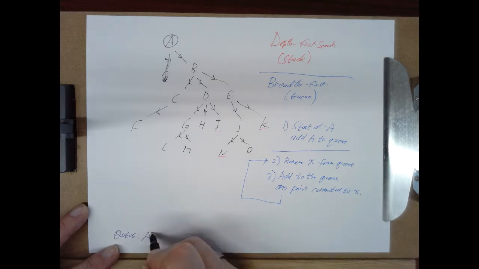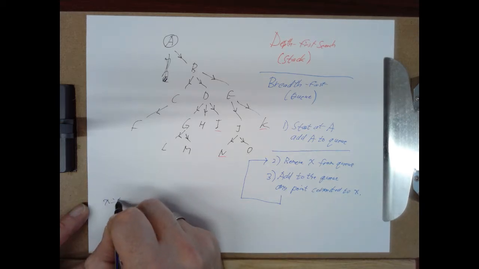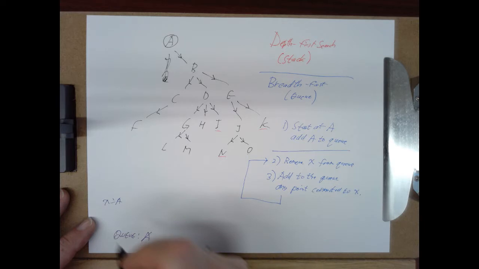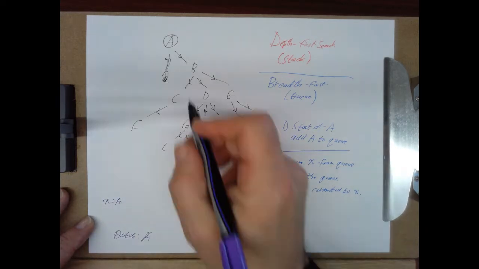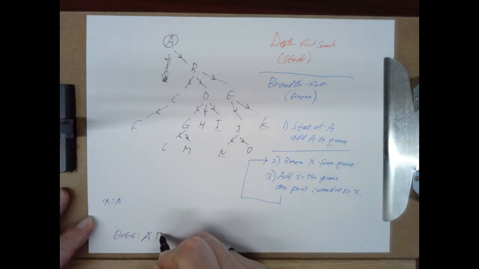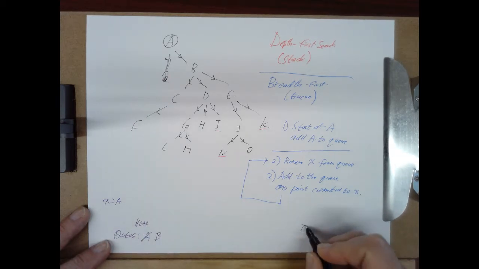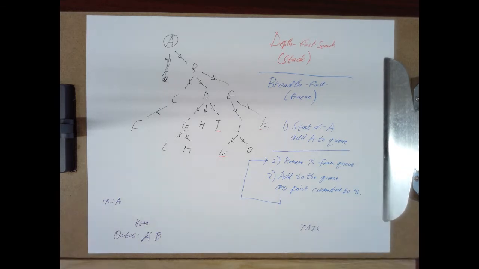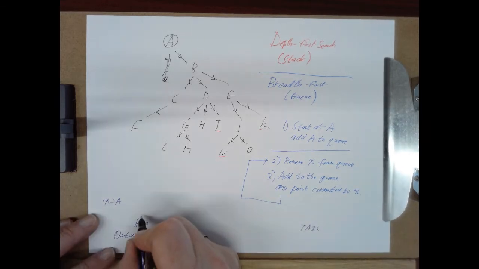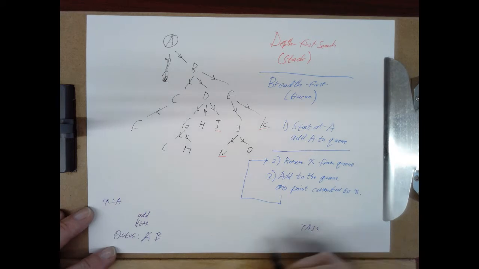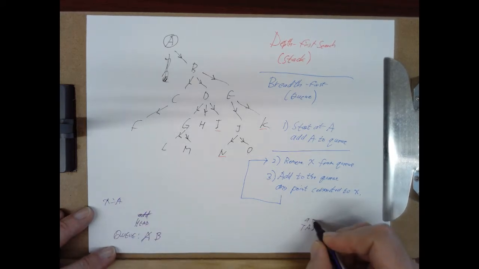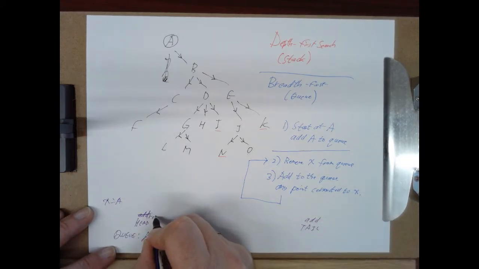That's an A. And so X is equal to A. And we're going to add to the queue everything that's connected to A, which in this case is just B. So we put B into the queue. Okay, so this is going to be our head over here, our tail over here. So we add at the tail, and we remove from the head.